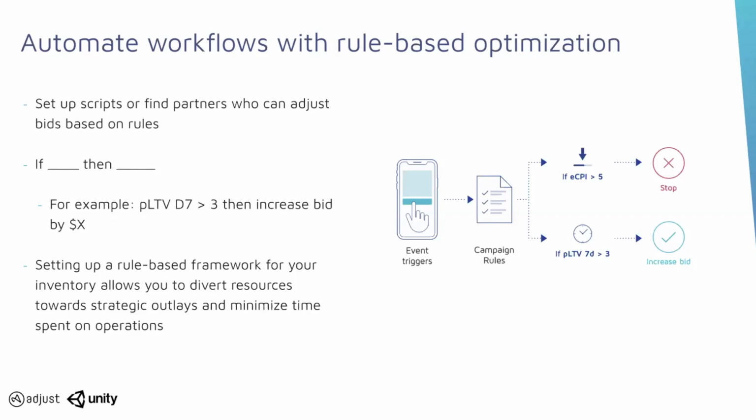One of the good examples for rules could be this. That one gives the capability to concentrate impressions in sub-publishers that deliver the most installs. And the rule would be: if IPM, which is sub-publisher IPM, is less than parent campaign IPM multiplied by 0.25, then decrease bid by 10%.